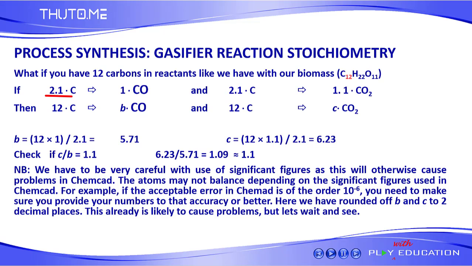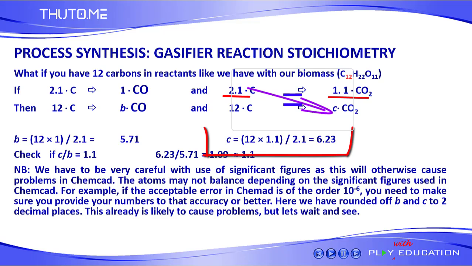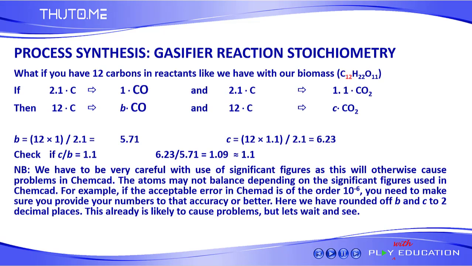We can use these ratios to solve for B and also C. What we can do is, if we do a ratio and say 2.1 over 12 gives 1 over B, then we can cross multiply to get this equation here and then solve for B. Similarly, we can do the ratios and then cross multiply to solve for C. We end up getting our B to be 5.71 and our C to be 6.23.